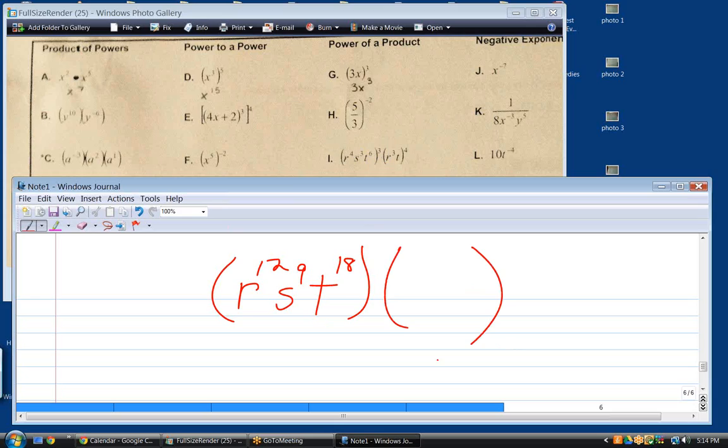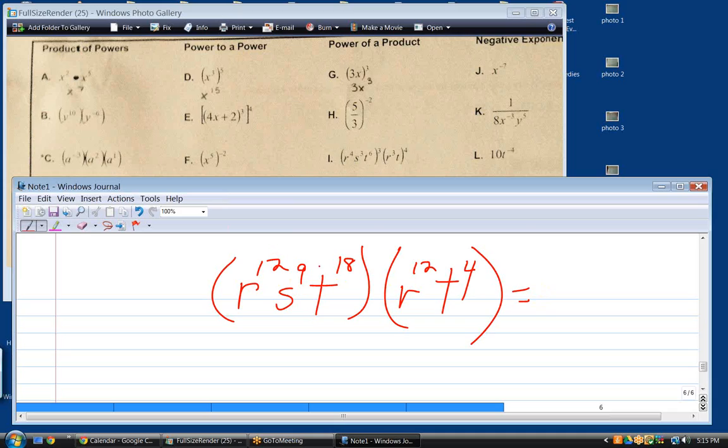The second part, do the same thing. R to the 12th and t to the 4th. Now, all we have is same bases being multiplied, so what now? You would combine like terms. Hold on. Let's handle each variable separately.